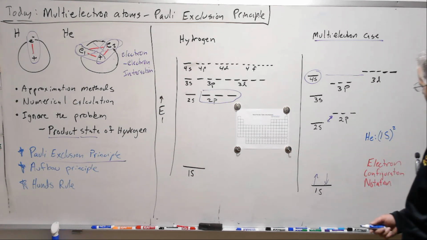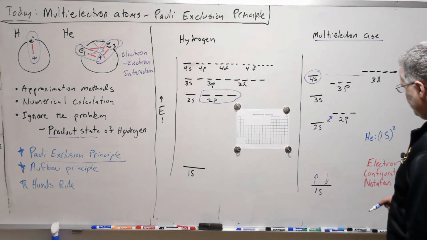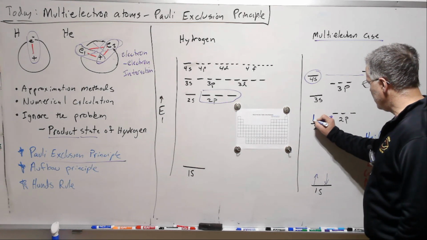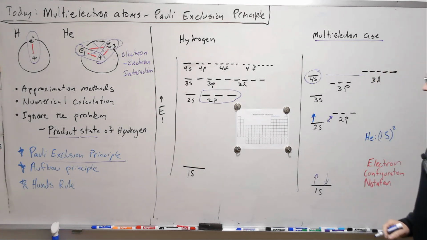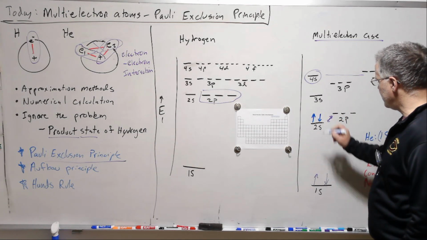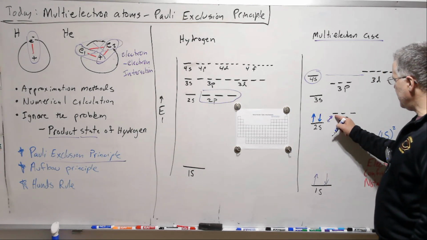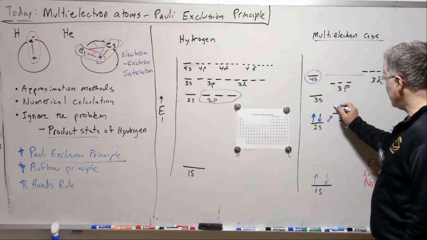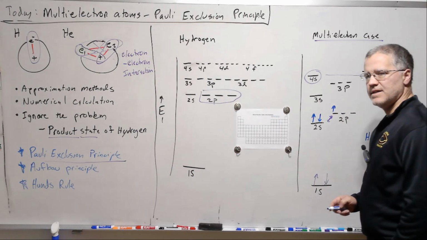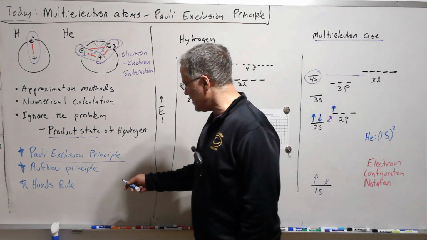Okay, well, let's go to lithium. That will add an electron here. We can keep adding electrons. Right, now we get up into the p's, and now we have to come to another rule.